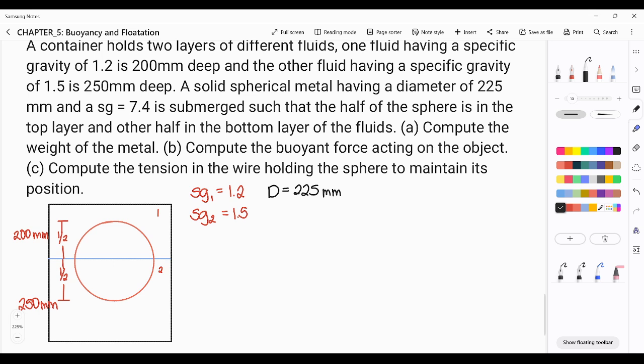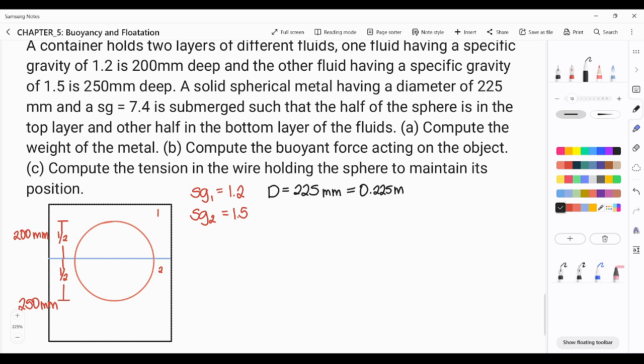A solid spherical metal having a diameter of 225 millimeters, or simply 0.225 meters, and a specific gravity of 7.4 is submerged, such that half of the sphere is in the top layer, sa fluid 1, and the other half is in the bottom layer of the fluids.